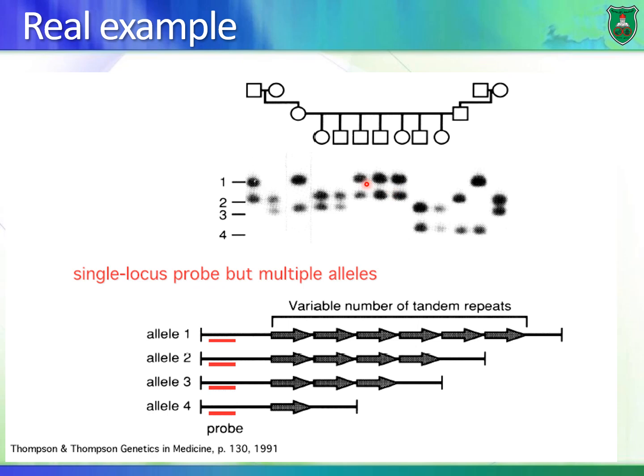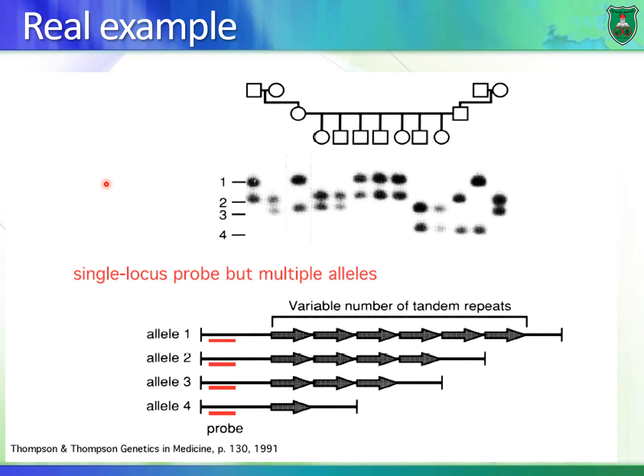So how can we differentiate these 3 individuals? How can we differentiate these 2 individuals in this case? Well, what we do is we look at another VNTR, or we look at another STR, and so on. So in forensic medicine and paternity testing, they do not rely on one single VNTR or one single STR.